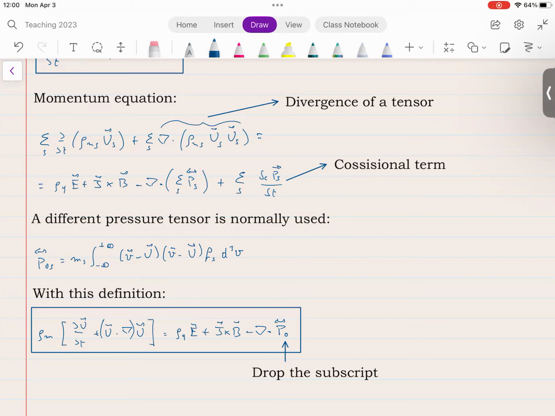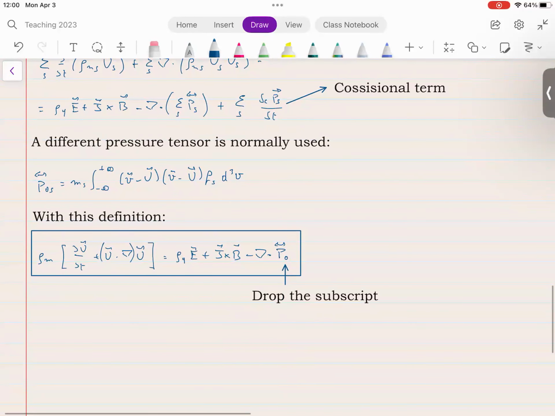Okay, so that was that for the momentum equation. You need a couple more things. Well, an equation relating the current to the electric field and the magnetic field, and a closure, which is called in our book an equation of state.